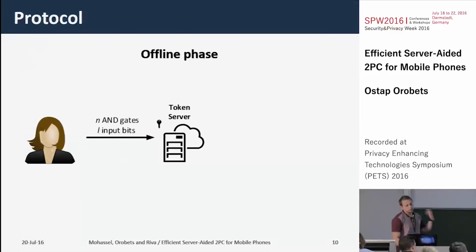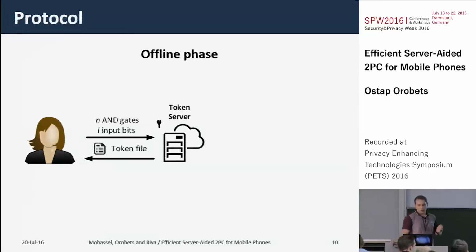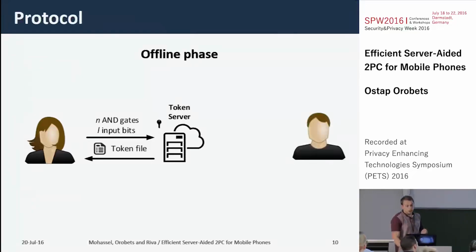So the server generates some keys and the token file, as we call it, which has those triples, and sends it back to Alice. I want to emphasize that Alice at this point does not know with whom she is going to do computation later.